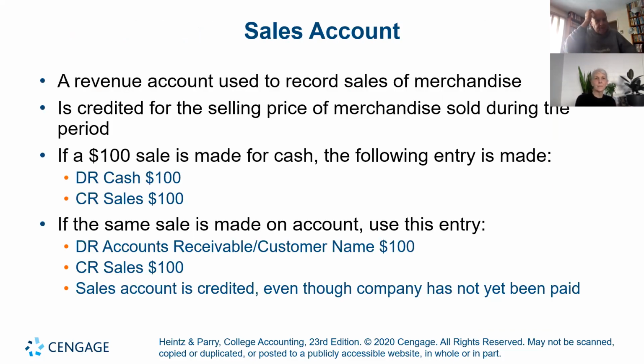The sales account, it's a revenue account, huh? It's credited for the selling price. And that's an important point because students get confused a little bit when sales tax is involved. If they're trying to unwind a problem, they get a little mixed up.